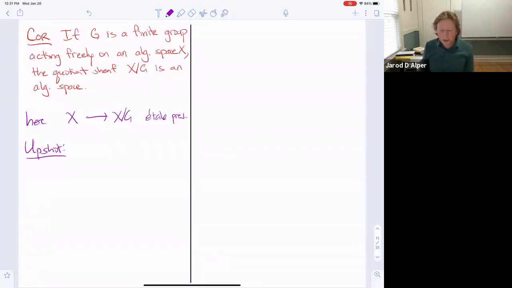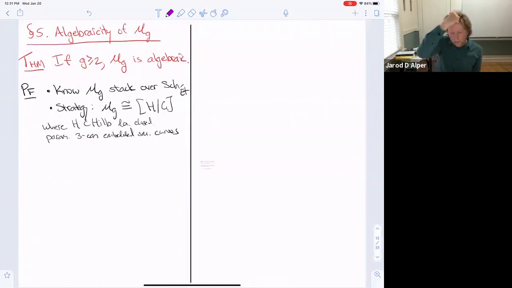And now I want to turn and try to use the algebraicity of quotient stacks to show that M_g is algebraic. So if g is at least 2, my goal is to show that M_g is algebraic. And to recap, we already know it's a stack in the big étale topology. So what we need to construct is a smooth presentation.